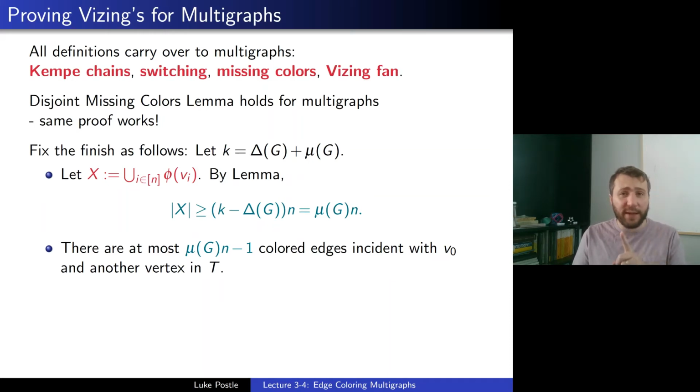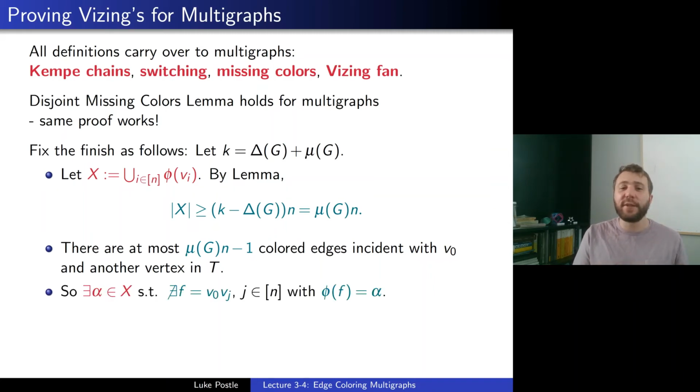But one of them is uncolored, right? That edge E. So that means there are at most mu n minus 1 colored edges incident with V0 and another vertex in T. So we have mu n missing colors, and we have mu n minus 1 colored edges around V0. So then what? Well, that means there is some color in X which doesn't appear in those edges, call that alpha.